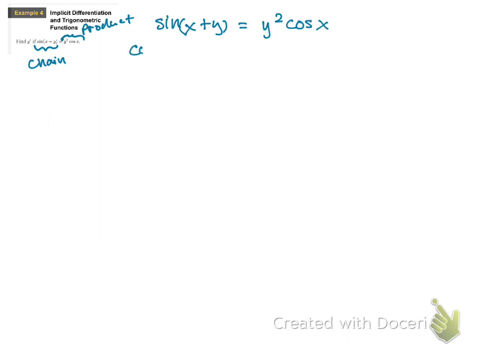Cosine, in terms of the inner function, cosine of x plus y, times the derivative of the inner function. So I'm going to take the derivative of x, 1, plus the derivative of y, which is y prime. If there was a coefficient of y, it would be whatever that number was. It's just 1, so we'll call it 1 plus y prime.